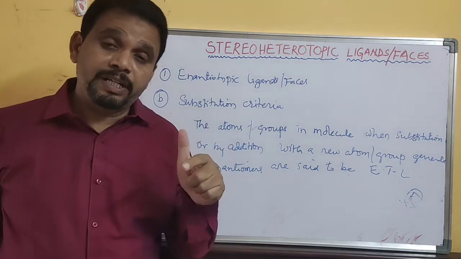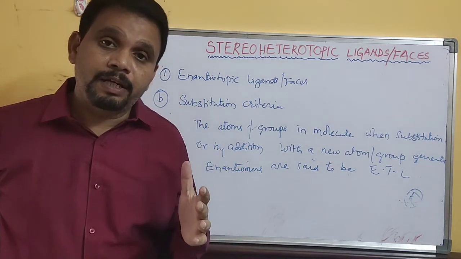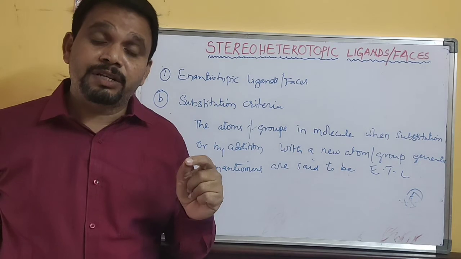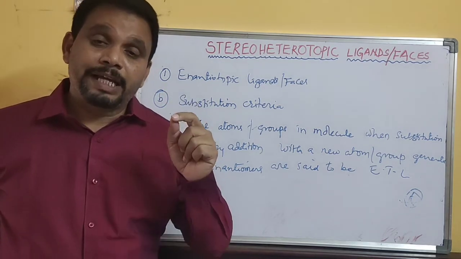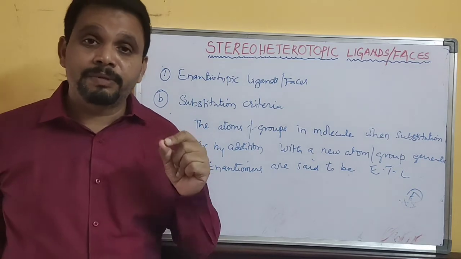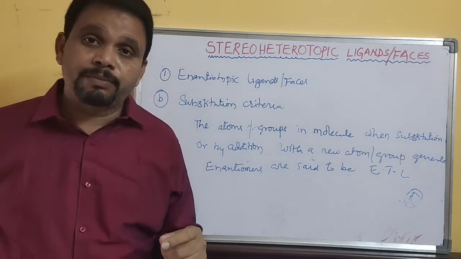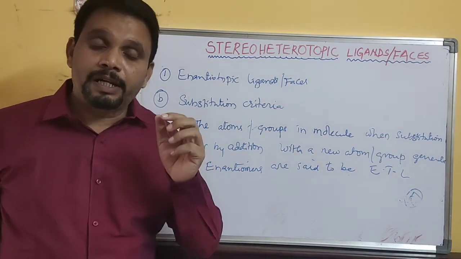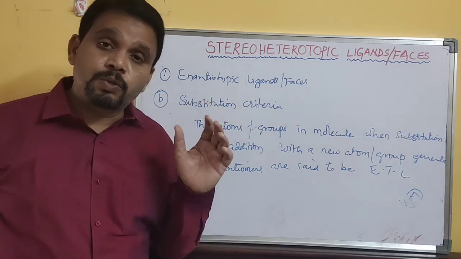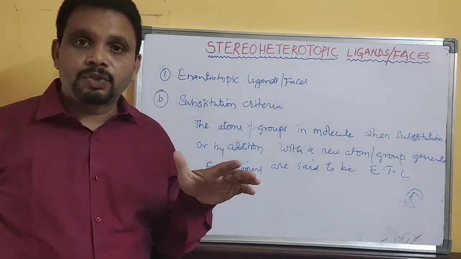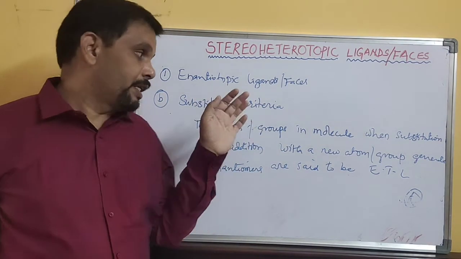According to symmetric criteria, we defined enantiotopic ligands as the ligands in a molecule which are exchangeable or interchangeable with the help of secondary kinds of symmetry elements like center of symmetry, plane of symmetry and alternating axis of symmetry. That is according to symmetric criteria.